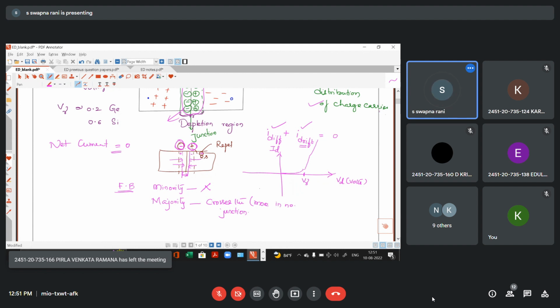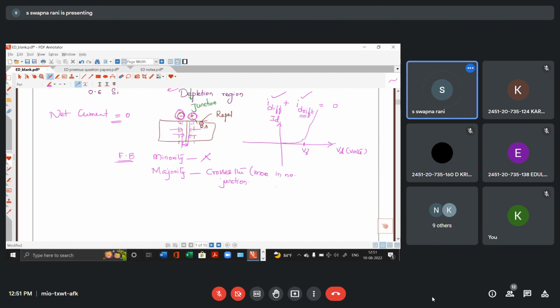So this is the forward bias characteristics. As I said, the current is due to the majority charge carriers, which are more in number. Therefore, current in forward bias will be in the order of milliamperes. So this current is due to the majority carriers.